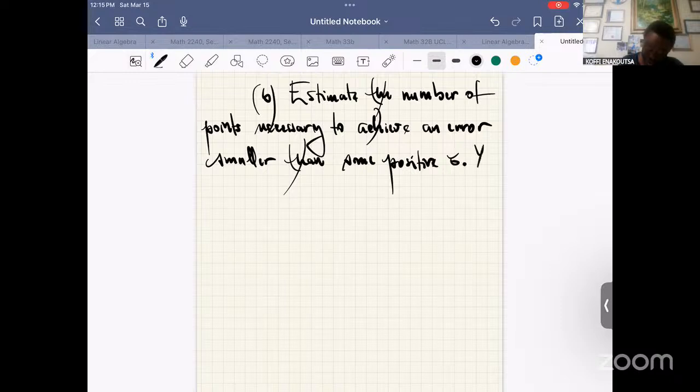And then your answer should be in terms of epsilon and tau.